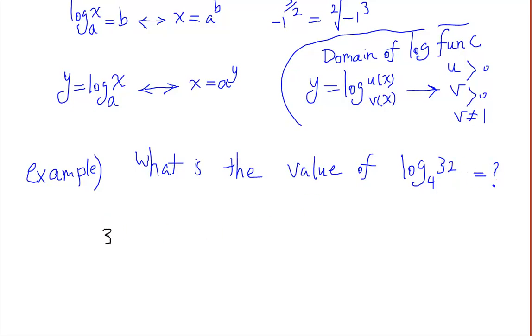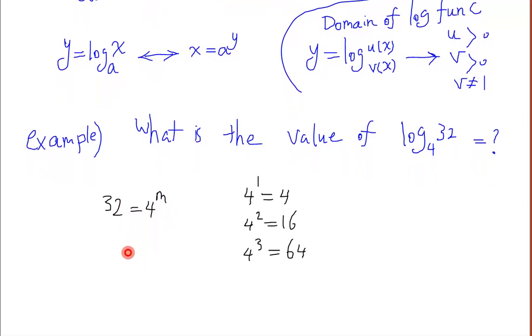So 32 equals 4 to which power? We know that 4 to the first power is 4, 4 to the second power is 16, and 4 to the third power is 64. So what is this unknown number here, that 4 to that power is 32? If we take it as unknown, for example m, we can write both sides as a power of 2.